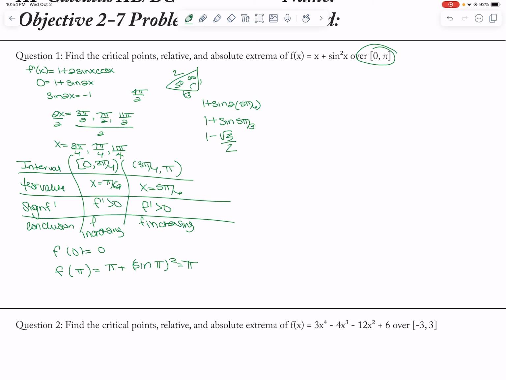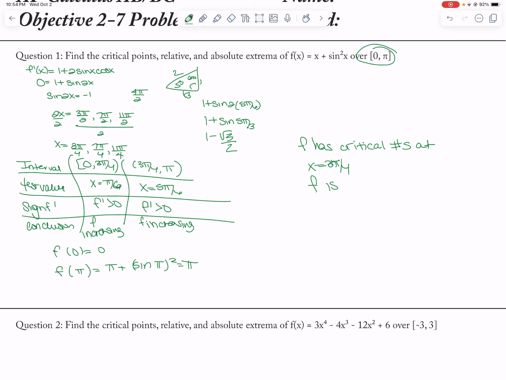Okay, so f has critical numbers at x is equal to 3 pi over 4.